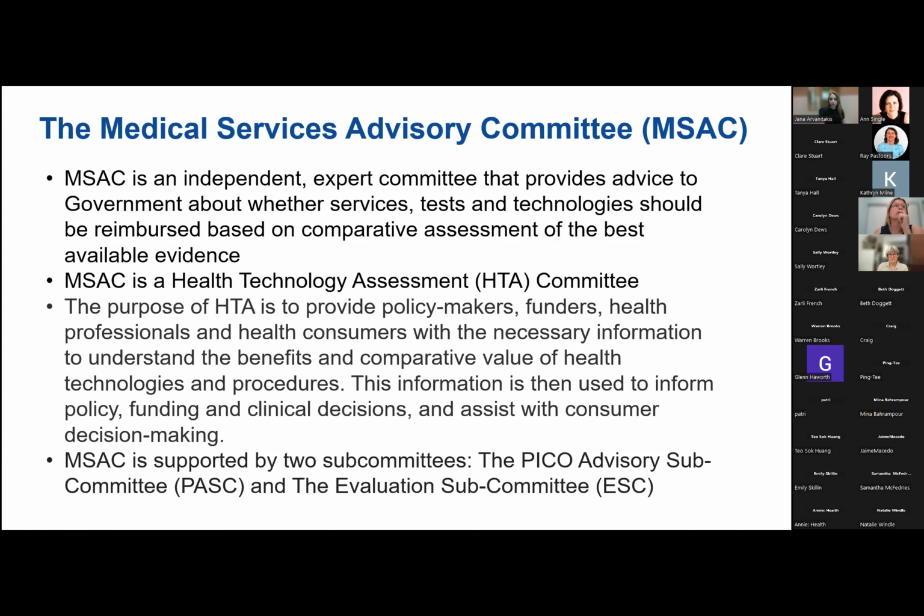HTA is commonly applied to pharmaceuticals, including vaccines, diagnostic tests, medical devices, surgically implanted prostheses, medical procedures and public health interventions. MSAC is supported by two subcommittees. The first of these subcommittees is the PICO Advisory Subcommittee PASC, and its role, function and the processes it supports will be the focus of today's discussion.